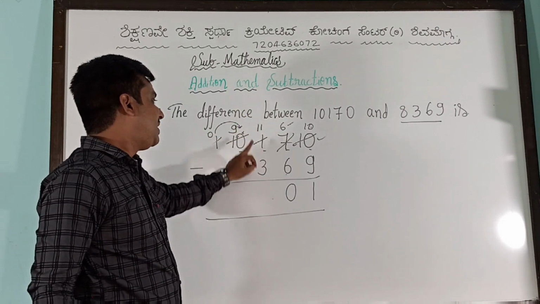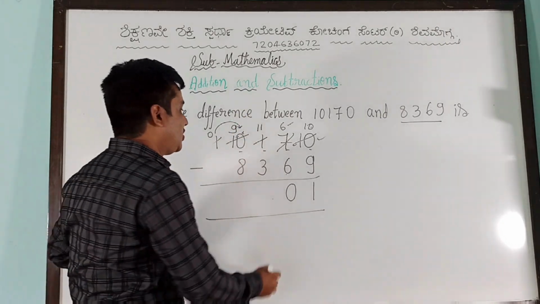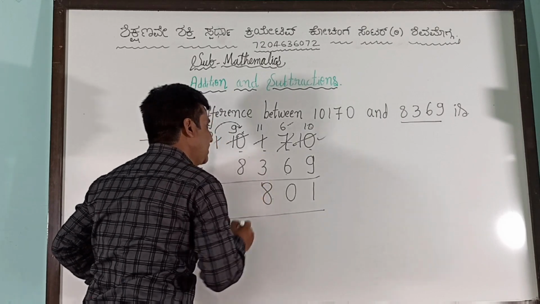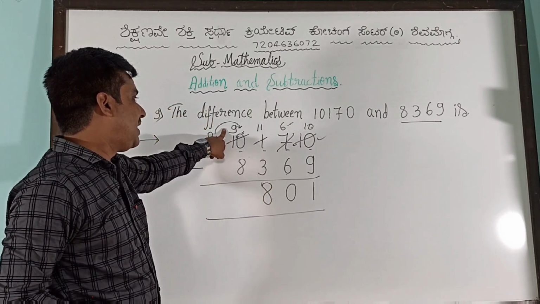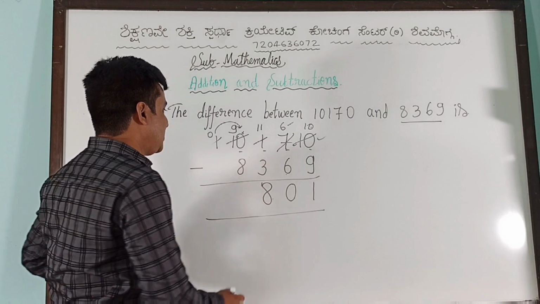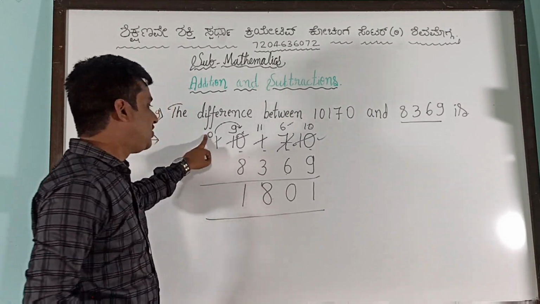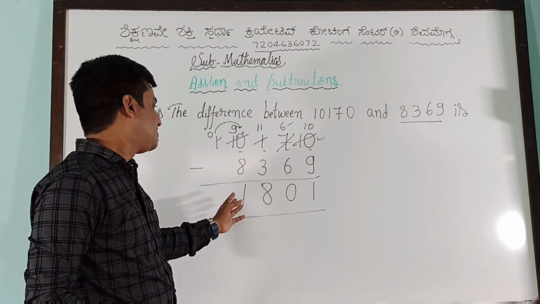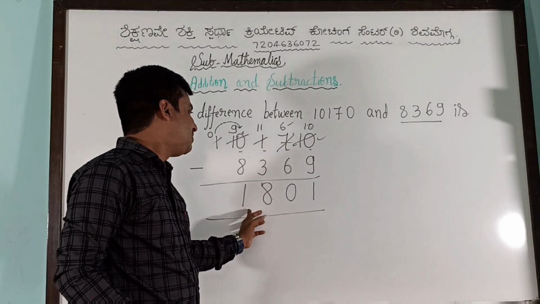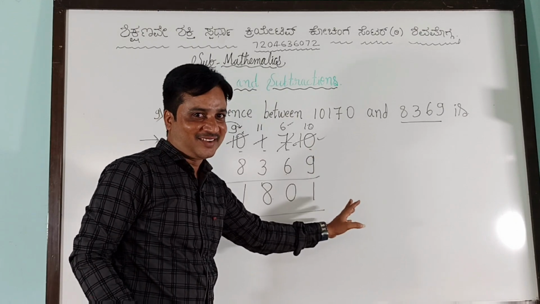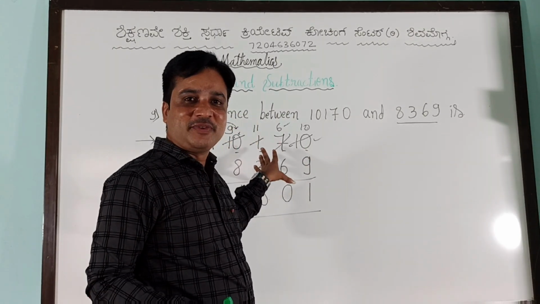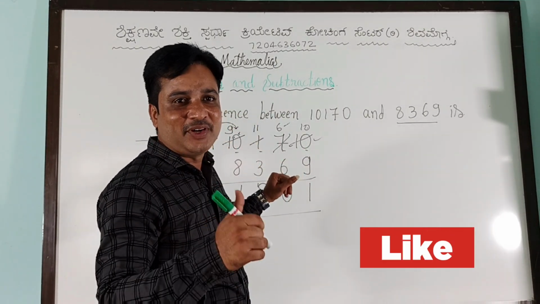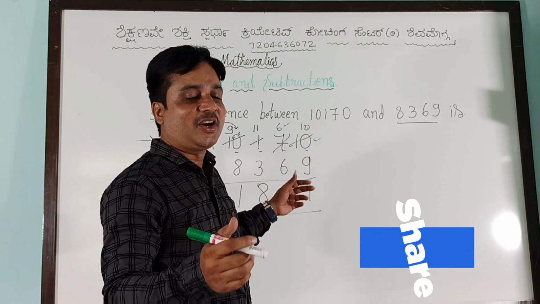Now see, 11 minus 3 is equal to how much? 8. Okay, now here left 9. 9 minus 8 is equal to how much? 1. Here 0 is there. So if a 0 comes at the beginning, we don't write it. So we got the difference 1801.